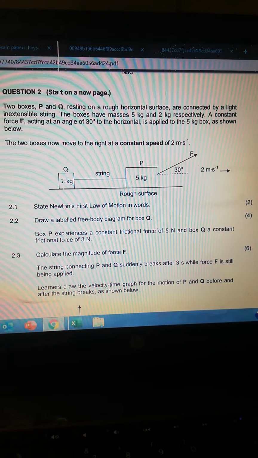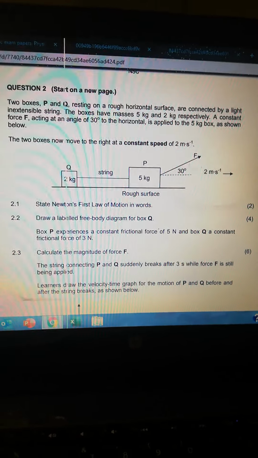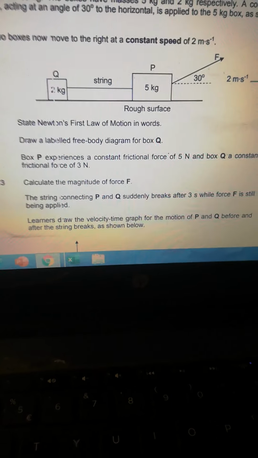So 2.2 says you must draw a free body diagram of box Q. So let's quickly do that. We'll start at 2.2. As we can see, this is box Q there. Let me just rewrite everything.